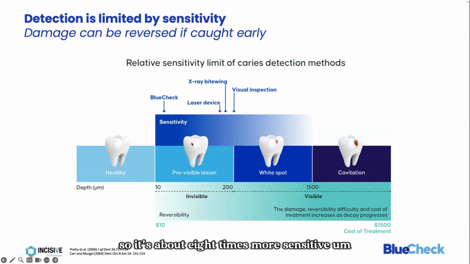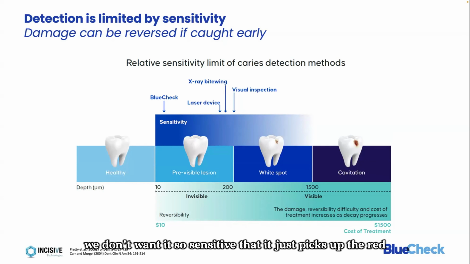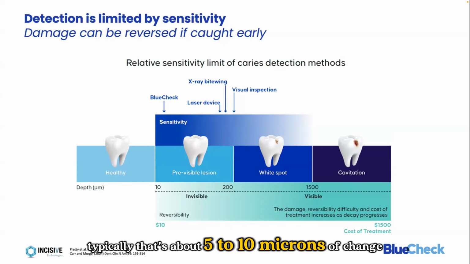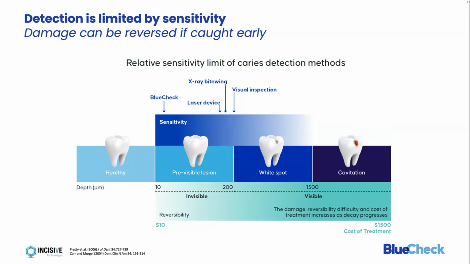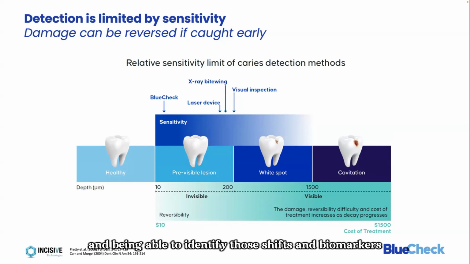So it's about 8 times more sensitive. However, we don't want it so sensitive that it just picks up the regular remineralization-demineralization balance that happens in the mouth. Typically, that's about 5 to 10 microns of change. So it helps us identify those shifts in biomarkers much earlier than we have been in the past.